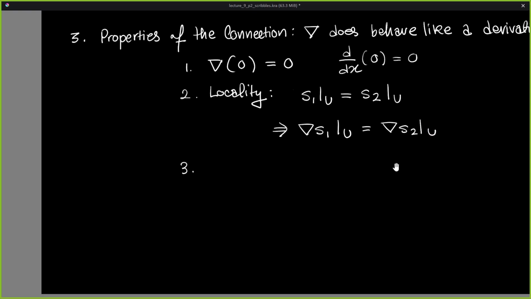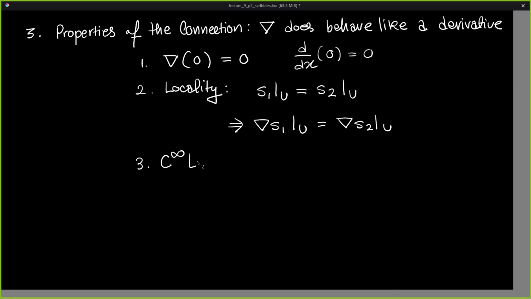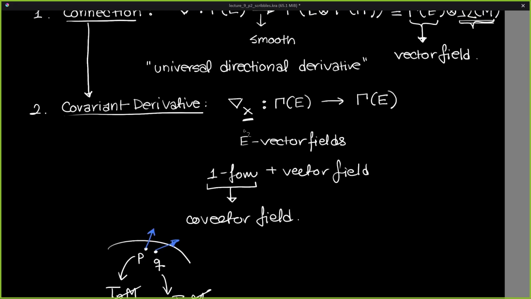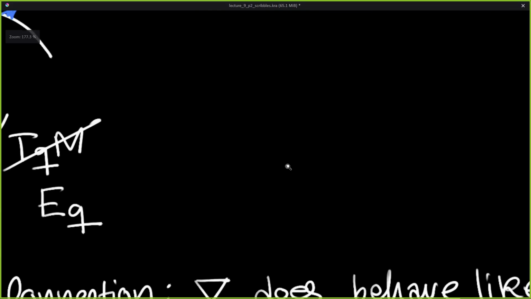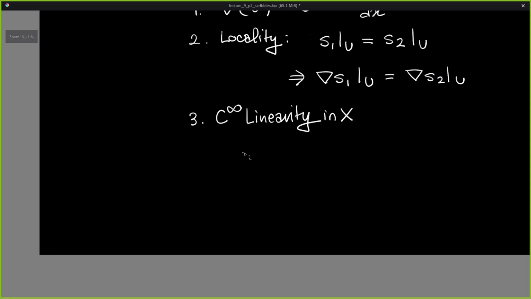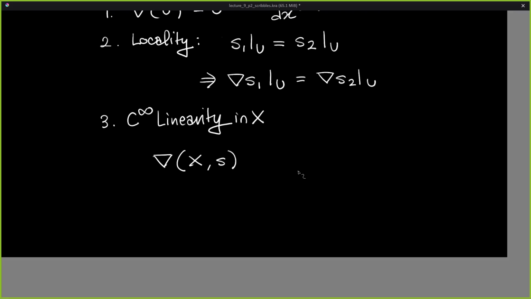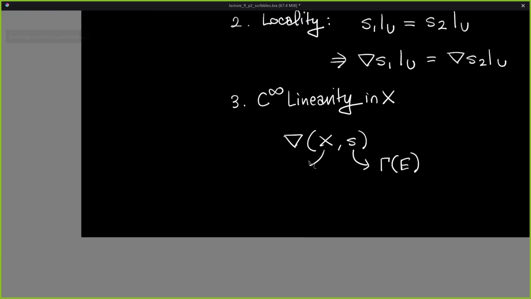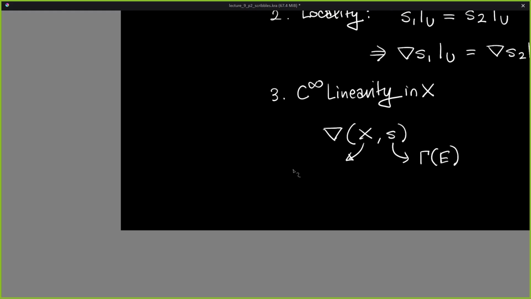And then number 3 is C infinity linearity in X, in this input. You can think of the connection as having two inputs, X and S. So this is the gamma E input, and this is always going to be a gamma TM input.